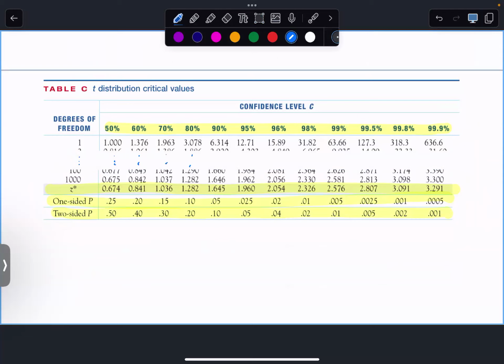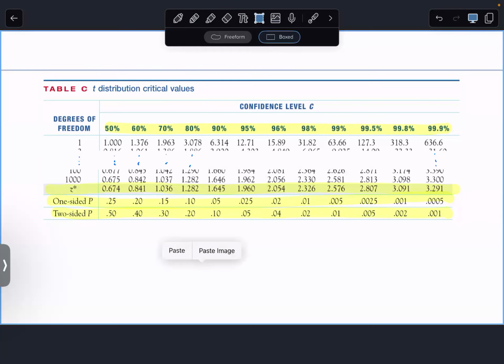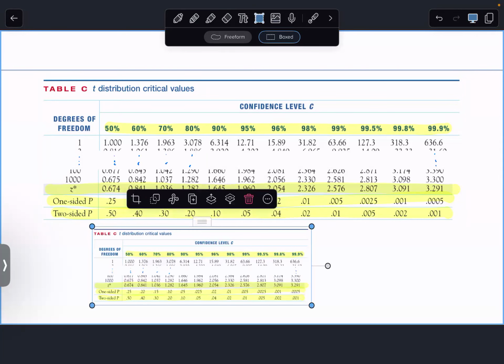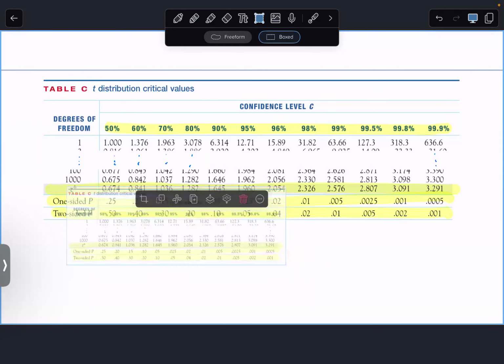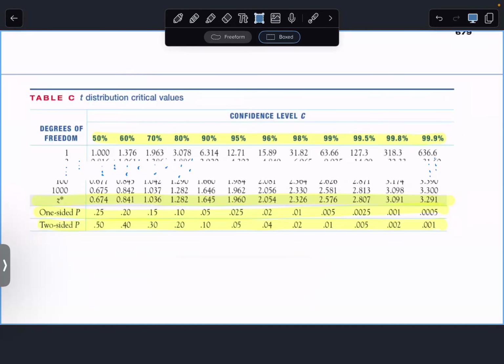Obviously, you can see that it continues up, up, up, but I'm going to save this as one image. Copy, paste. Let's do it over it. There.